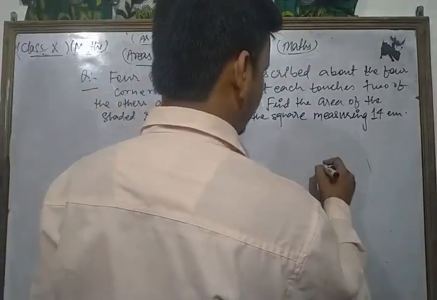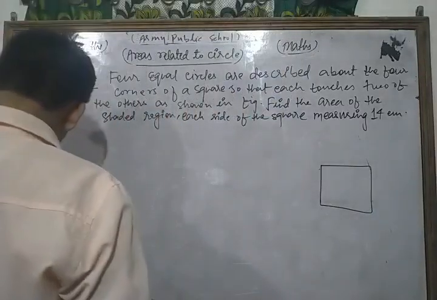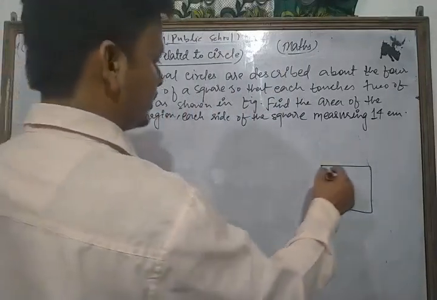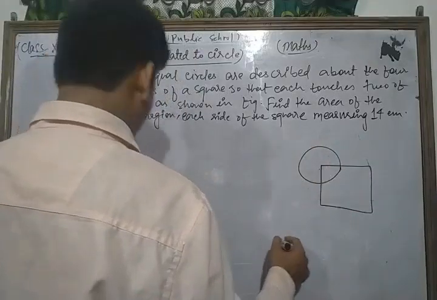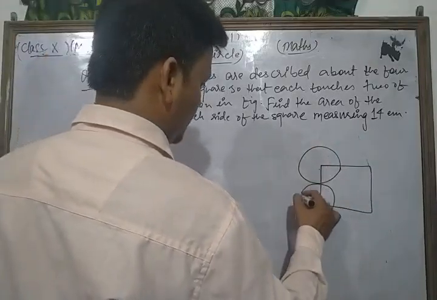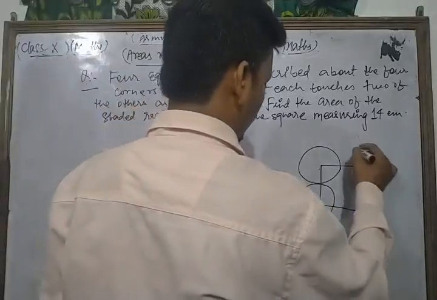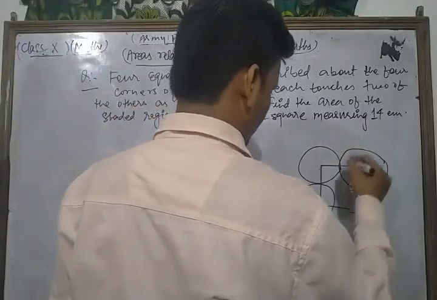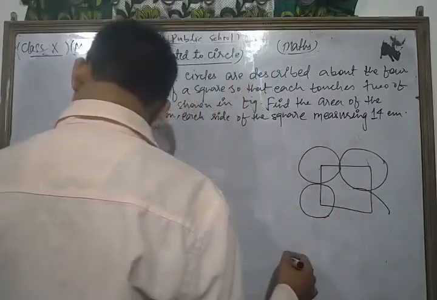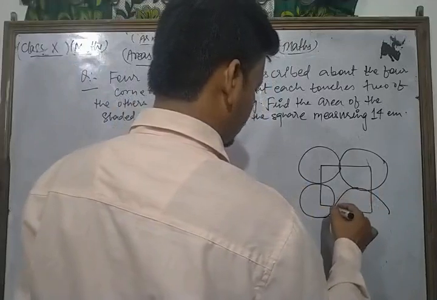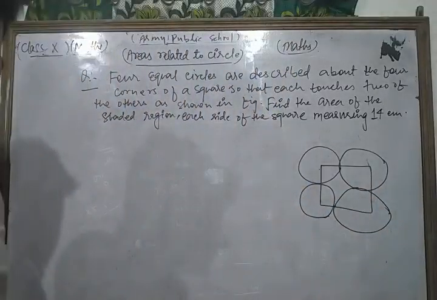Your figure is, let's see, this is a square, and any two circles touch. This is one, and this is the fourth circle touching in this way.